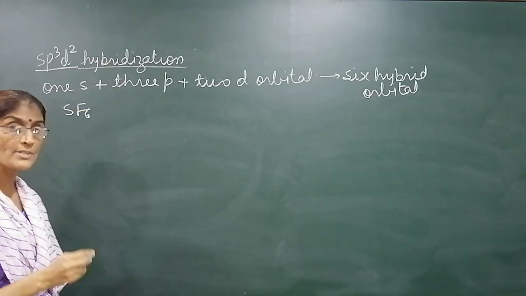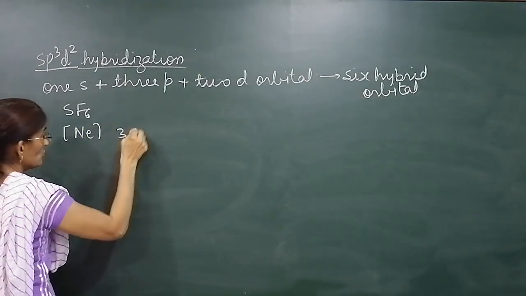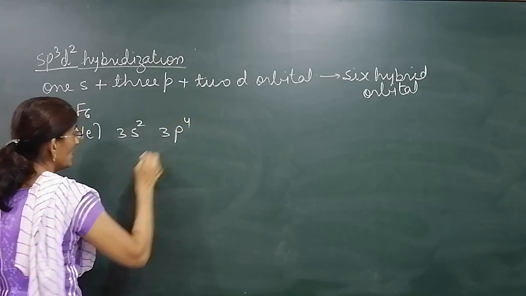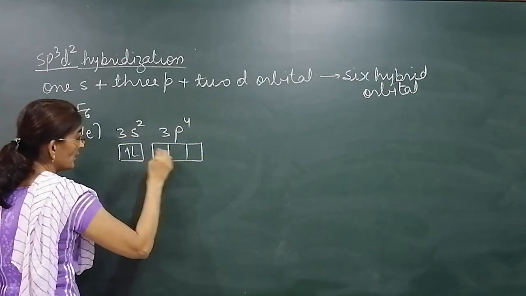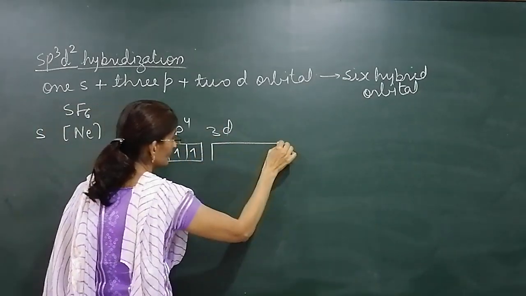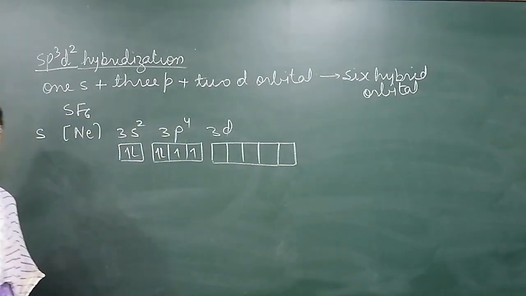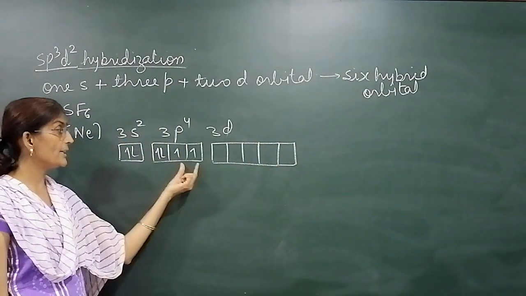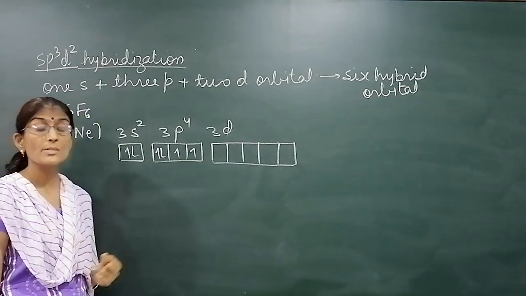In the ground state of sulfur, the configuration is neon 3s2 3p4. This means there are 2 electrons in the s orbital, 4 electrons in the p orbital, and 3d is vacant. In the ground state, just 2 unpaired electrons are there with sulfur, but sulfur forms how many bonds? Six.